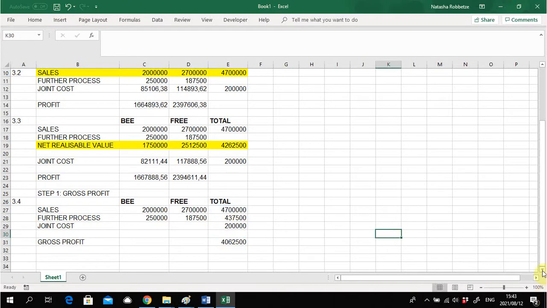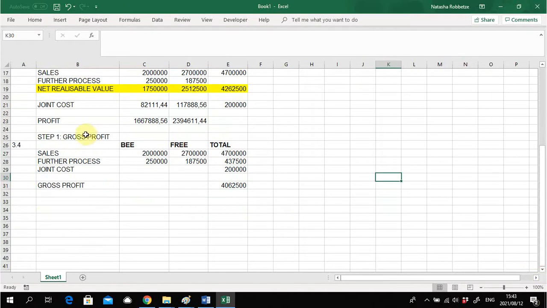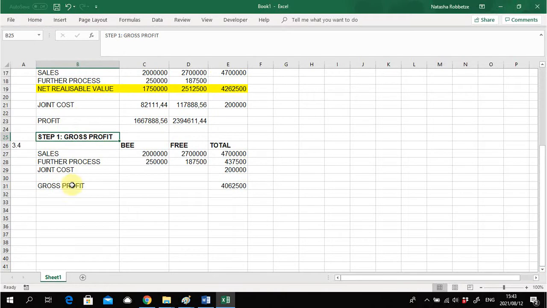In step 2, we need to calculate the markup. So here I am going to say it is the gross profit divided by the sales times by 100.